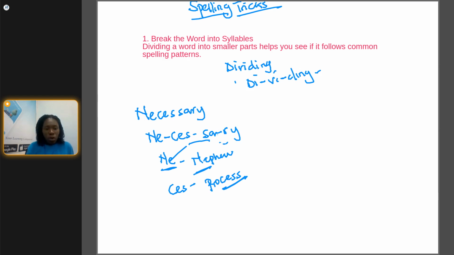And then the last part, SARY: you're looking at words that end with ARY, to be sure there's a common pattern. You can have a word like library. So there is a common pattern to help you determine that this word is correctly spelled.